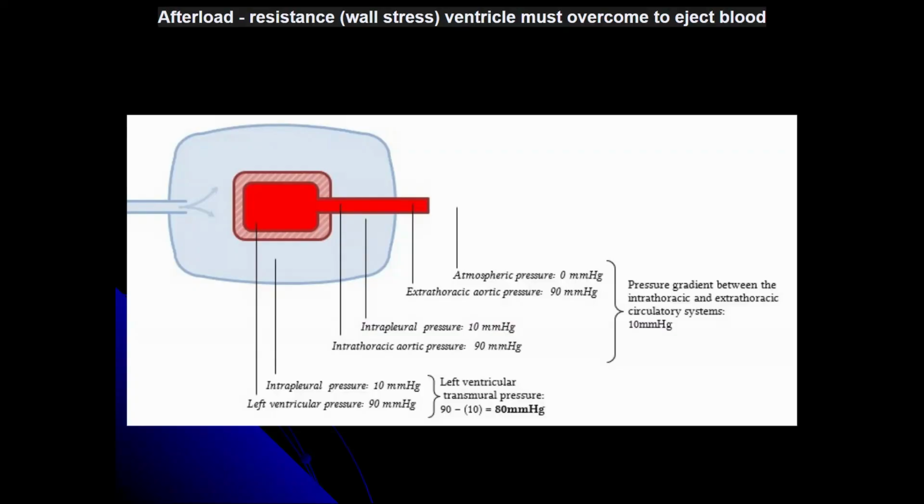So if you actually have positive pressure ventilation, notice that if you have an intrapleural pressure of 10, that's pressing on the left ventricle, with a pressure needed of 90 to open up. Therefore, the ventricle only needs to give 80 of pressure to actually overcome. Now, I'm going to give you another analogy to make it a little easier to understand.